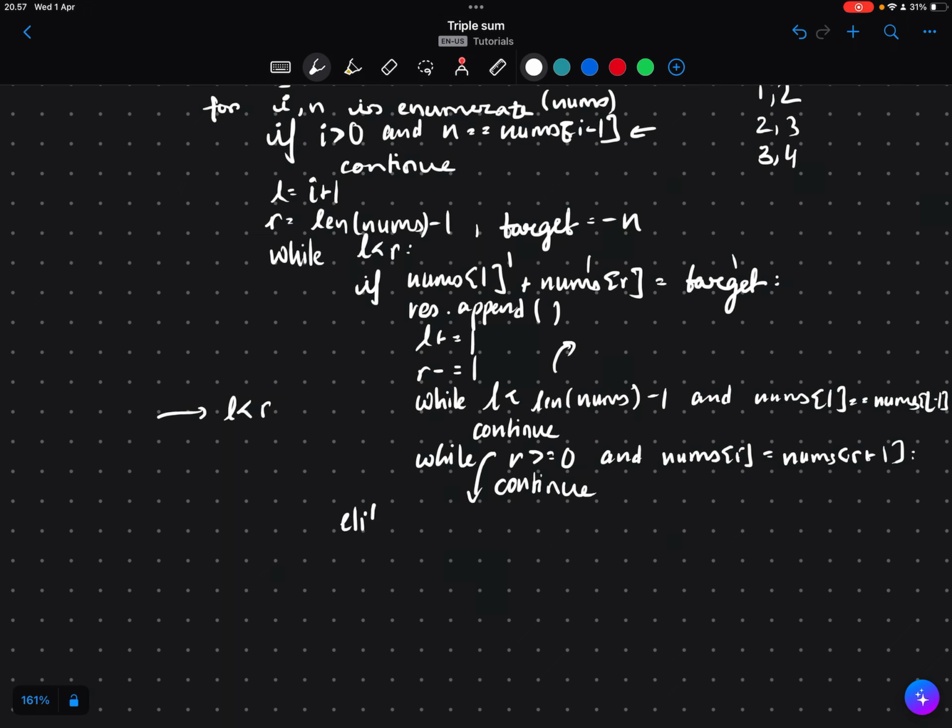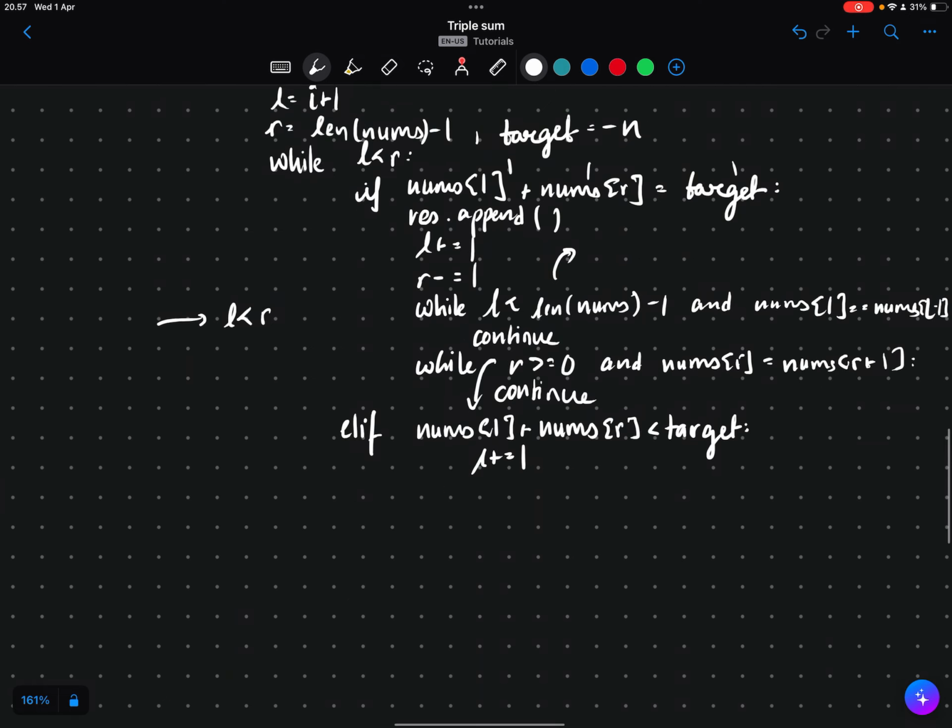Now the next thing was, if let's say our nums L plus R actually came out to be less than target, then like I said, we would increase left plus equals to 1 because this is a sorted array.